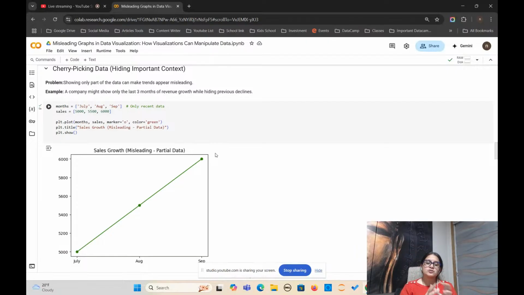Okay, so this is also a common mistake. Sometimes we show only partial data, which is not a good practice when you are building a dashboard. Okay, this is very important.